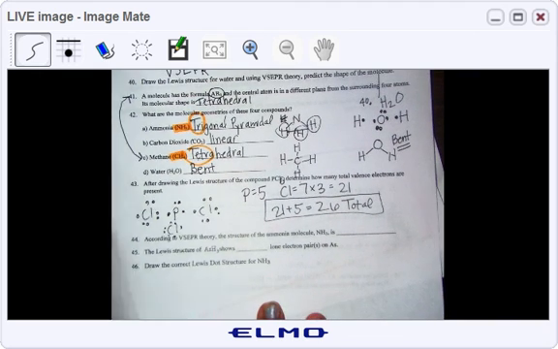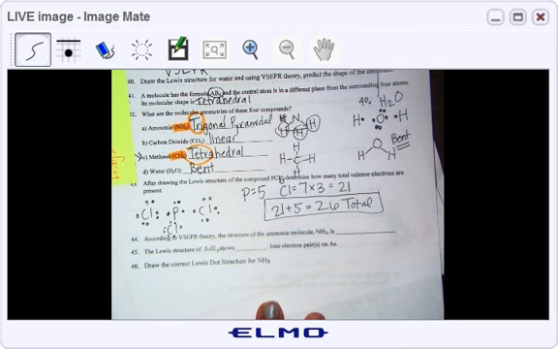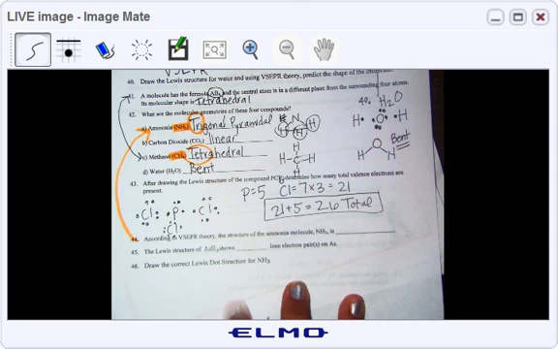And that's how you do that. 44. According to VSEPR theory, the structure of the ammonia molecule NH3, they already gave us that answer. Okay, it was right here. Trigonal pyramidal.